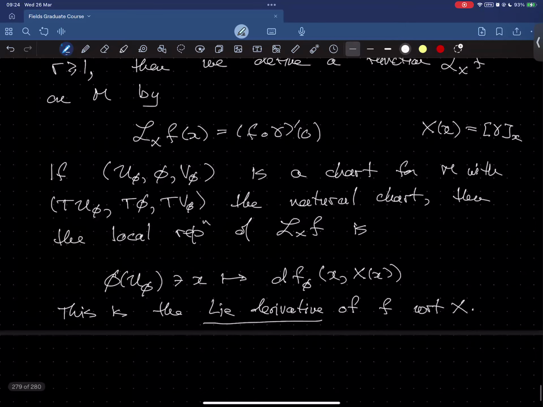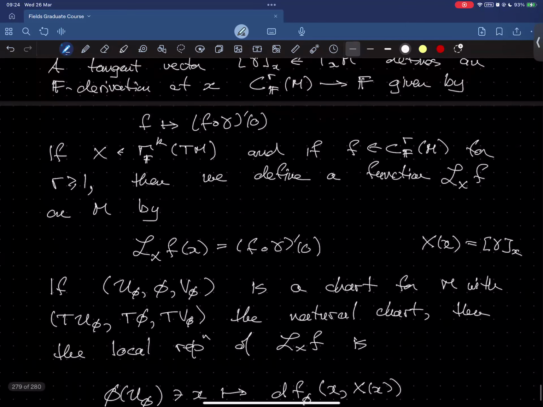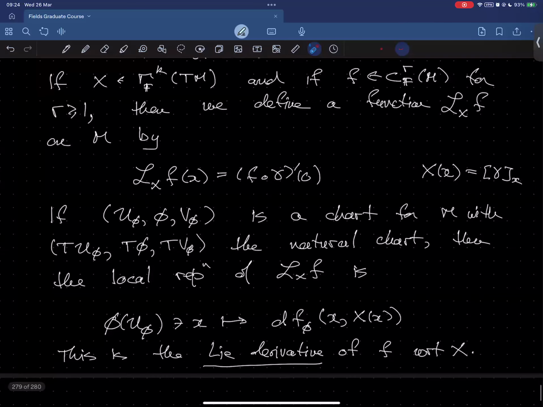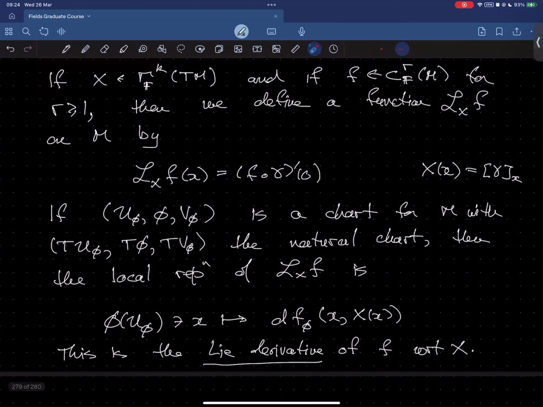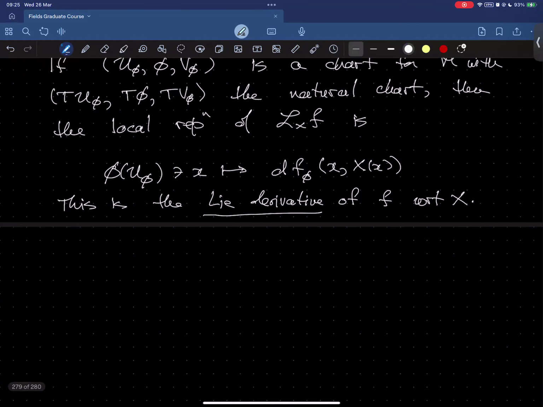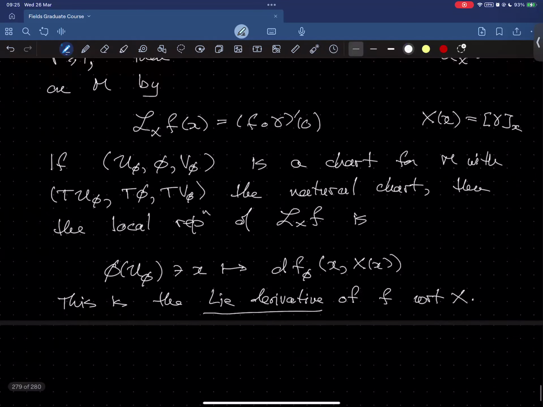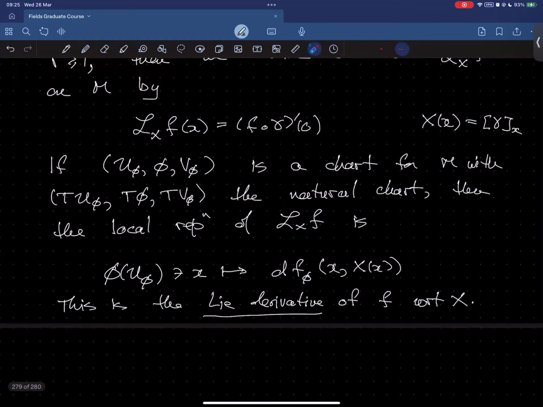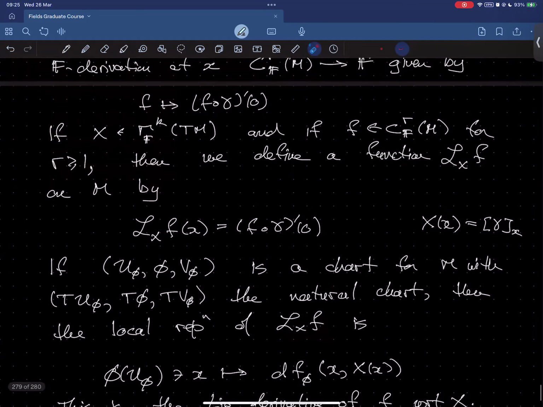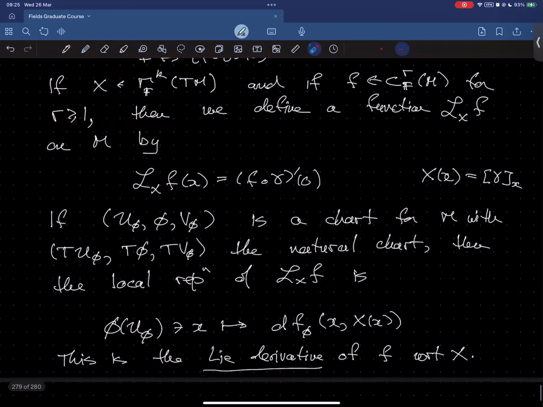All right, and so because of the derivation property of tangent vectors, there's a corresponding derivation property of the Lie derivative. So what do we know about this function L_X f? Well, first of all, we see that X need not be anything to make sense of this definition. X only needs to be continuous.